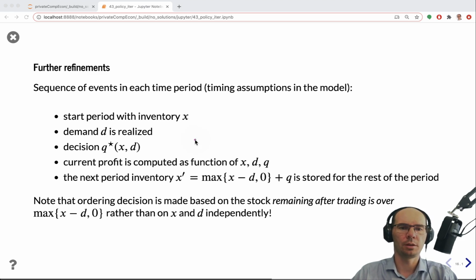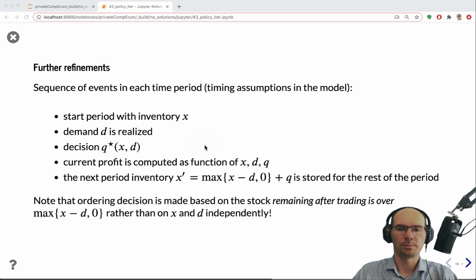Right, so what q really depends on is not so much on x and d individually, but on what's left after the trading period, this expression here. Because this is already known after the first two things have happened in the time period. And then given that, we decide on the q.